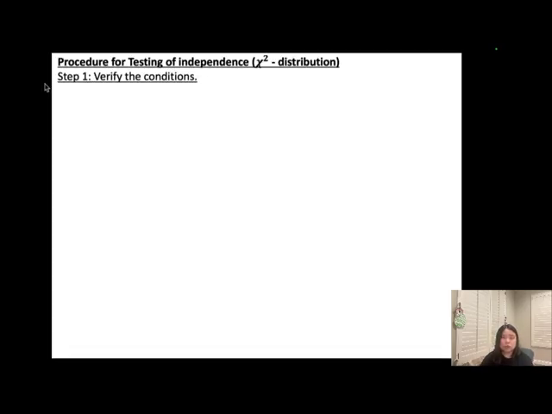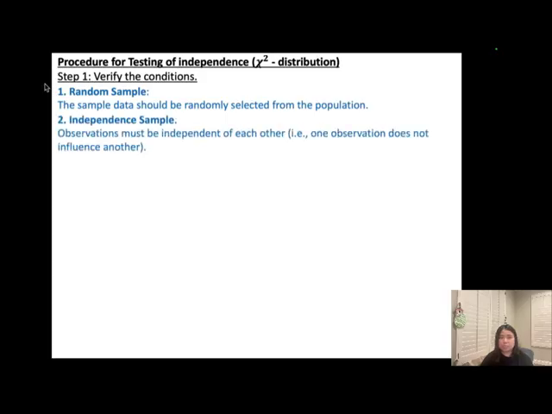The procedure for the test of independence uses the chi-square distribution. First, verify the conditions. Number 1, random sample: the sample data should be randomly selected from the population. Number 2, independent sample: observations must be independent of each other, similar to the goodness of fit test.